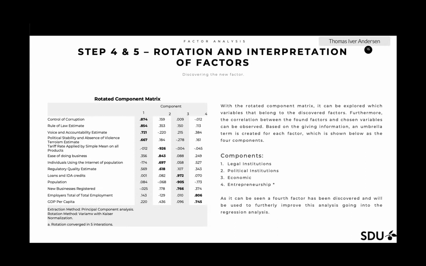For step 4 and 5, we created a rotated component matrix and named different components: legal institutions, political institutions, and economic. The 4th factor that we discovered is a mix of total employment and GDP per capita. We'll talk more about this later, but it surely is interesting.